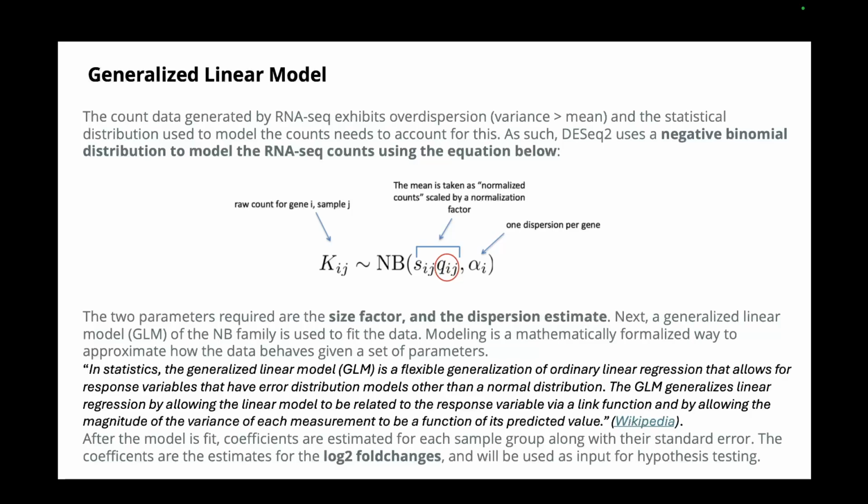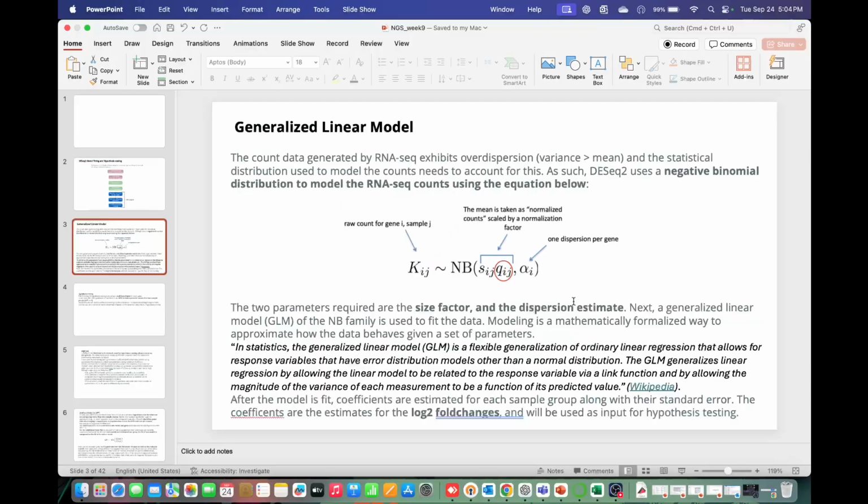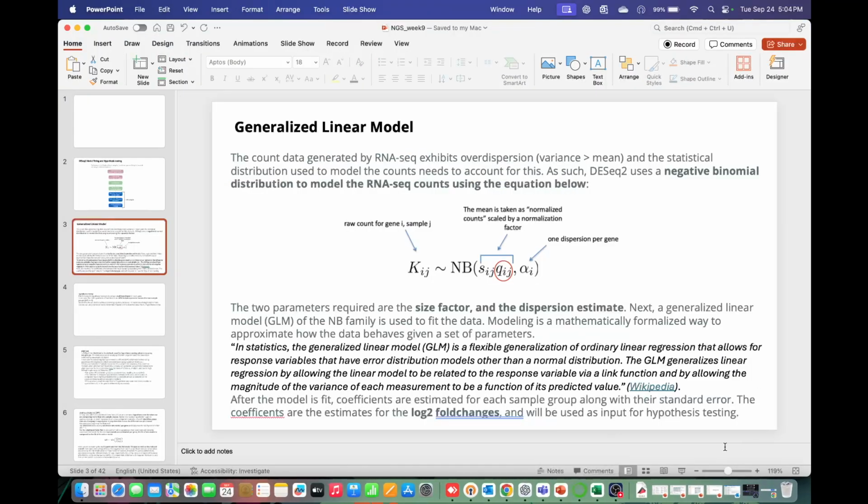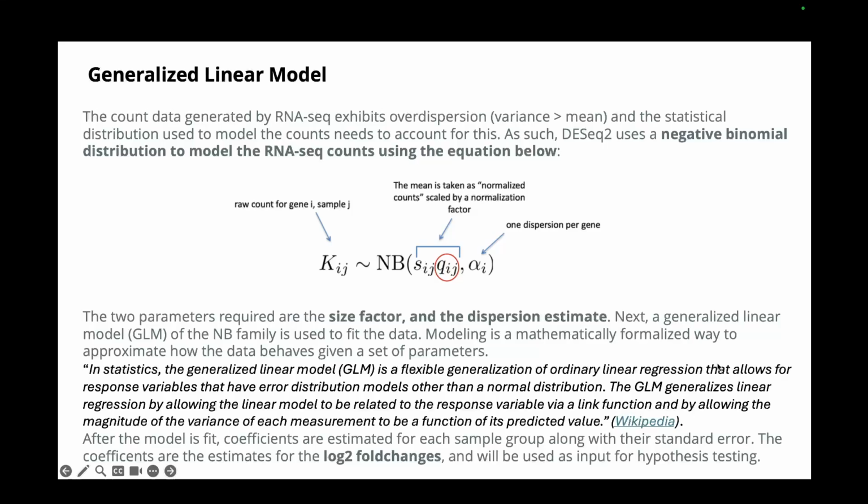What it means, if you think about it intuitively, is your distribution will be more spread out. So your mean is lower, but your data is more spread out. That is what over dispersion means.